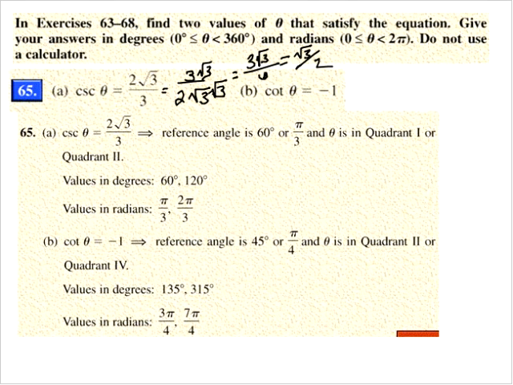That has to be where cosine over sine is -1. And that can only happen at 3 pi over 4 and 7 pi over 4, which corresponds to your 135 degrees and 315 degrees on your unit circle.